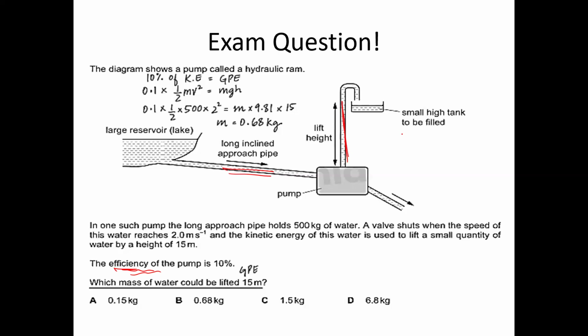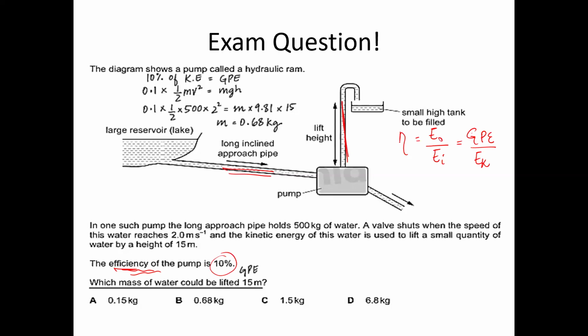So we are again going to begin from this concept: efficiency is useful output energy divided by input energy. From here we can say the output energy was gravitational potential energy and input energy was kinetic energy. And how much is the efficiency provided to us?